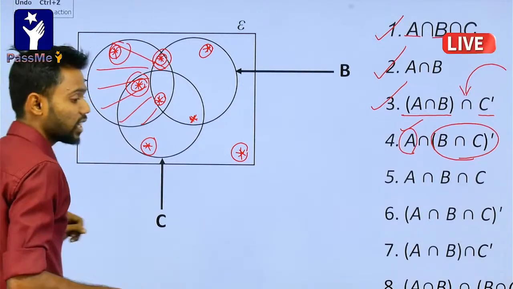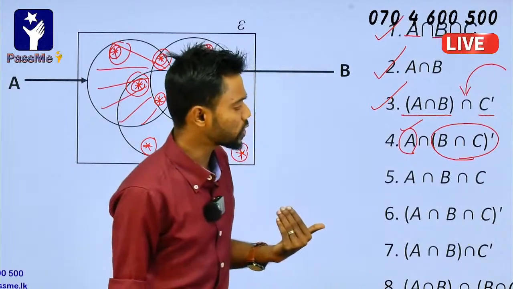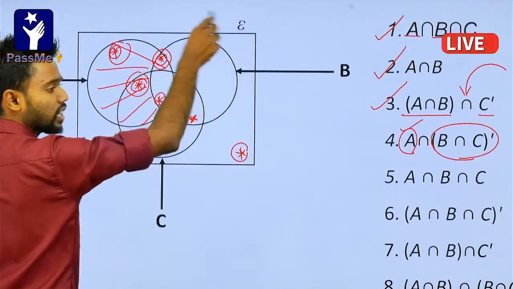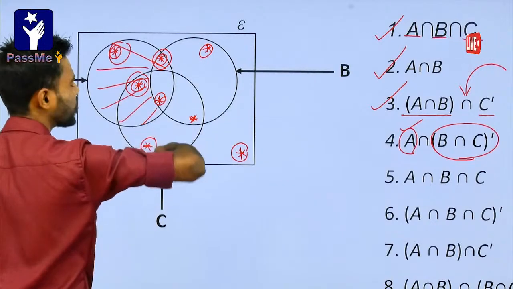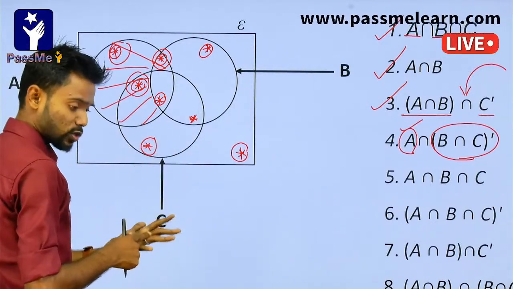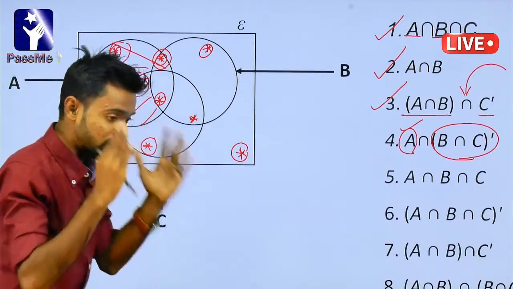But last week I gave you a most powerful tool which you can use for finding the shaded area within a shorter period of time. You can reduce the time required for this kind of question, and also you can make your mind more relaxed.